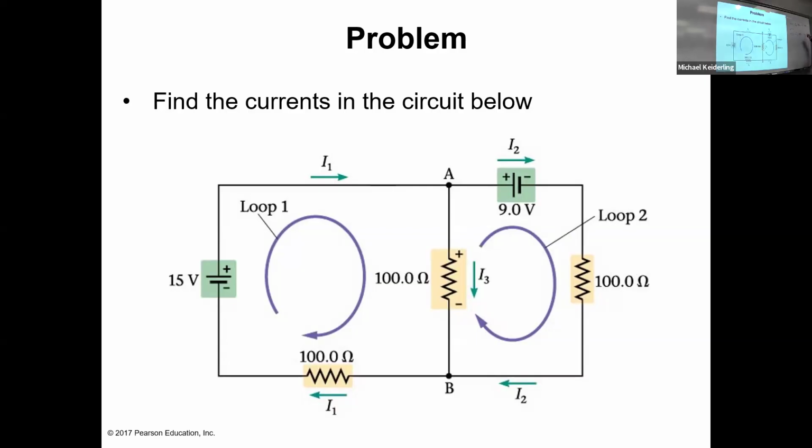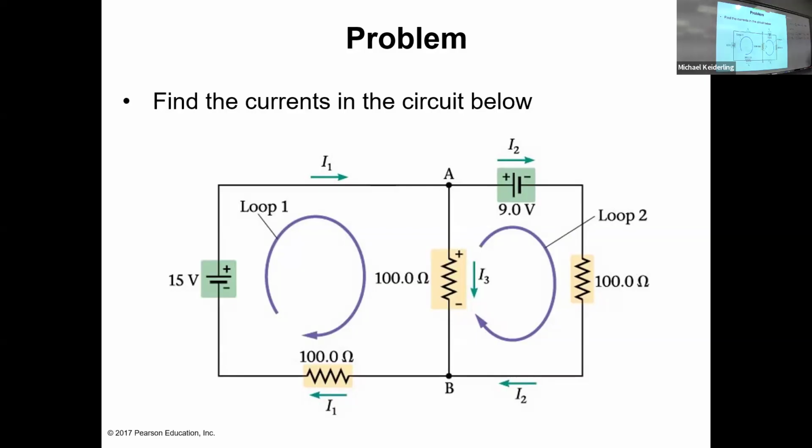Because I3 is going opposite the direction of the loop, it's negative, so you can think of it as minus minus. And this equals 0, and this equals 0. And so we can rewrite this as 0 minus 9 volts minus I2 times 100 ohms plus I3 times 100 ohms.